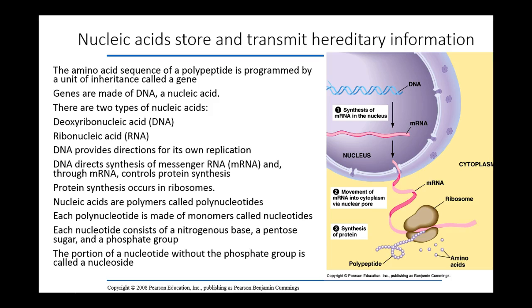Genes are made of DNA, which is a nucleic acid, and there are basically two categories of nucleic acids: deoxyribonucleic acid, DNA, and ribonucleic acid, which is RNA. What happens is the DNA is going to give directions for its own replication.